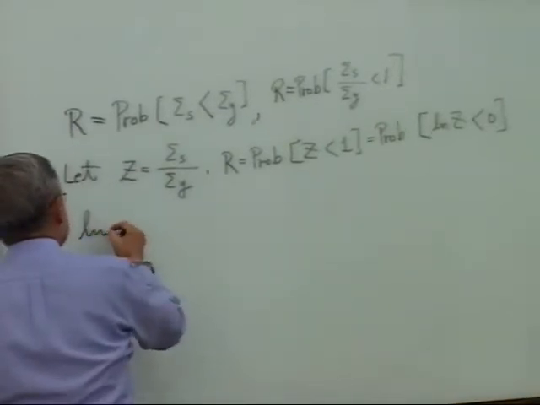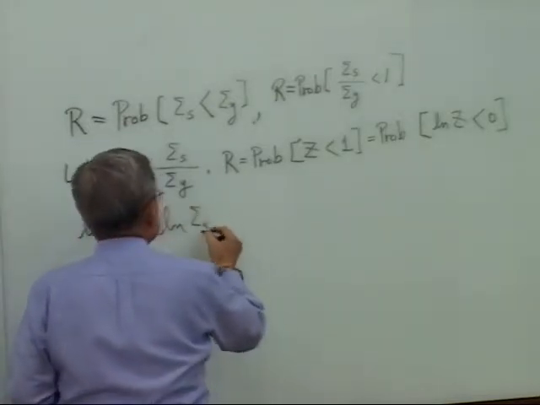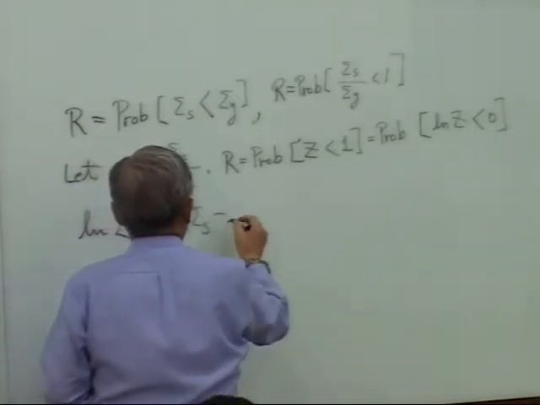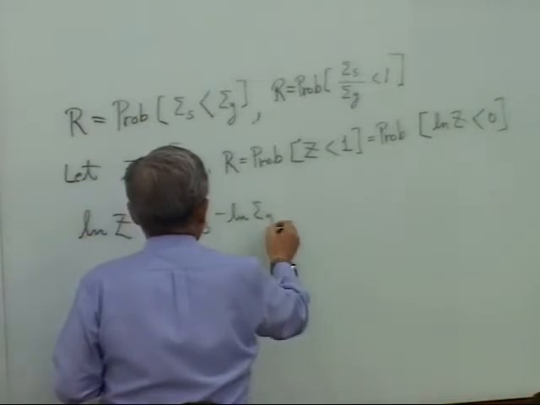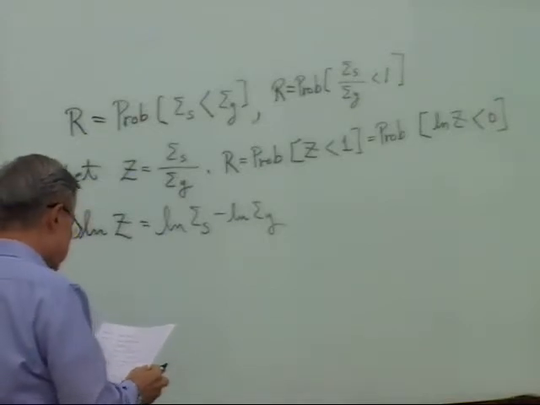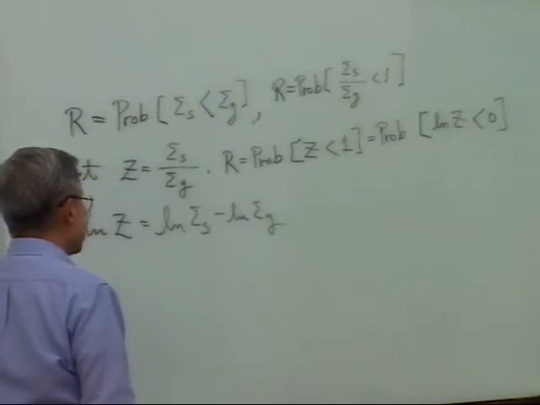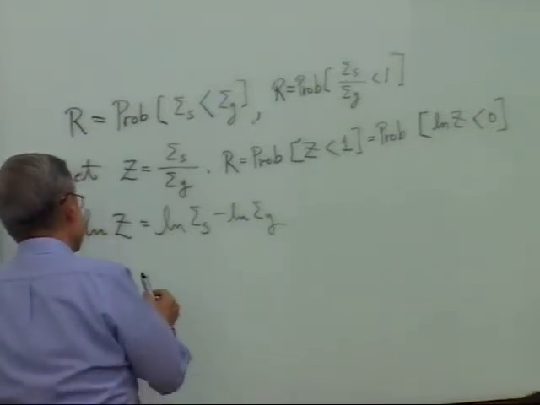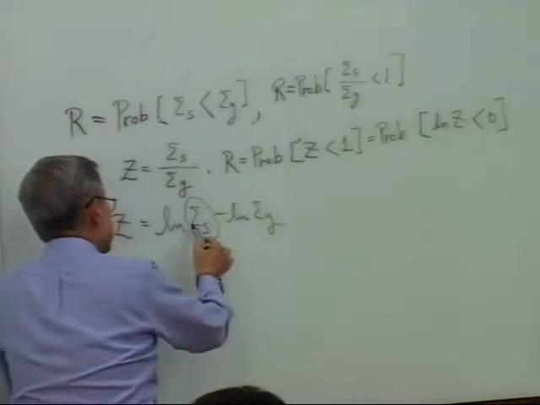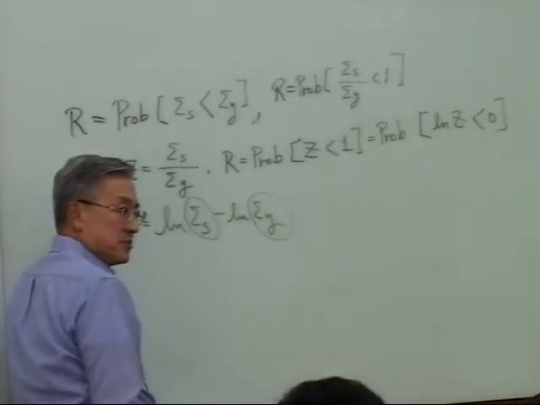We know that Z is equal to sigma s over sigma y, so take a log: ln Z equals ln sigma s minus ln sigma y. As you know, for the log normal distribution, sigma s follows a log normal distribution and sigma y follows a log normal distribution, right?